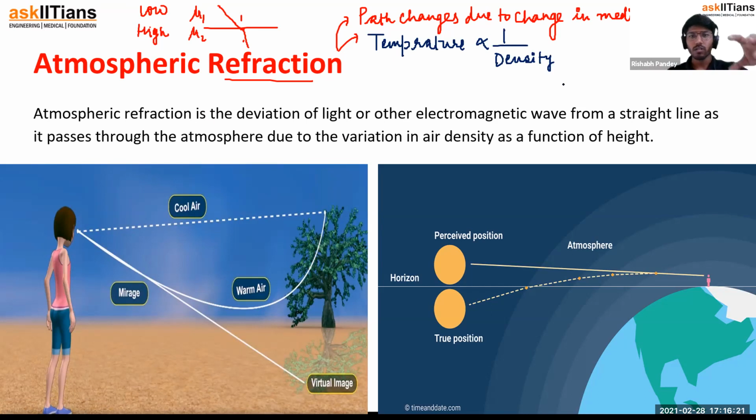For example, just consider that I have kept you in a room, right? And the temperature of the room is very high, like 50-55 degrees Celsius. Will you be sitting comfortably there? No, right? You will be jumping from one position to another, to a third position, just to make yourself a bit cozy.